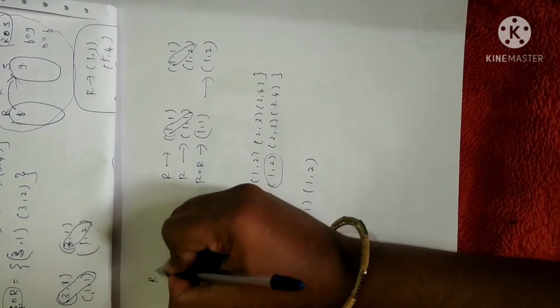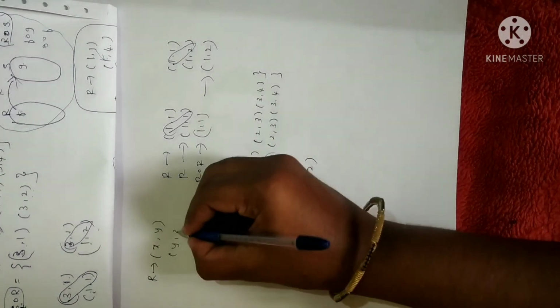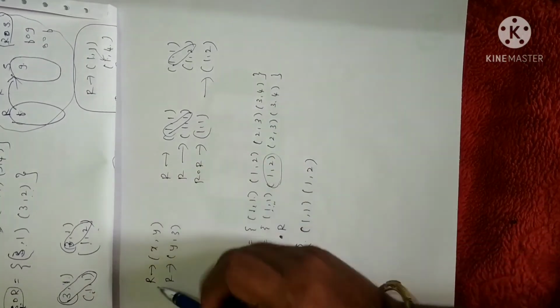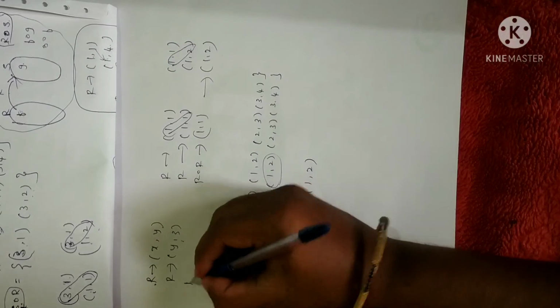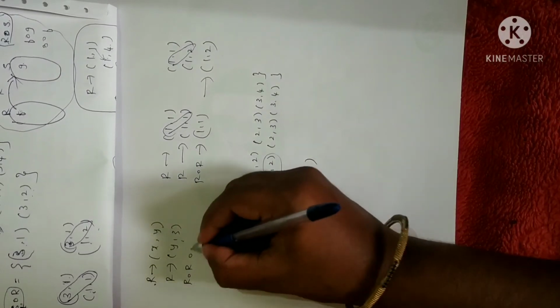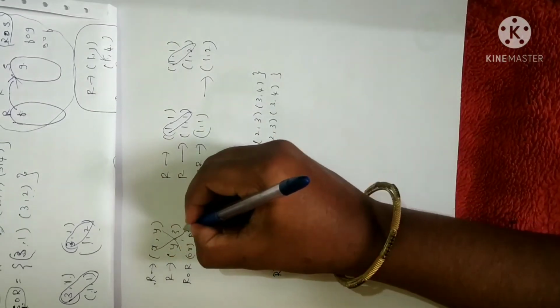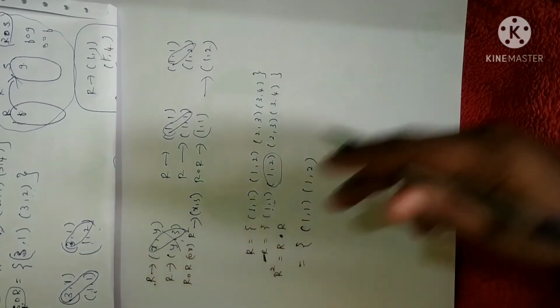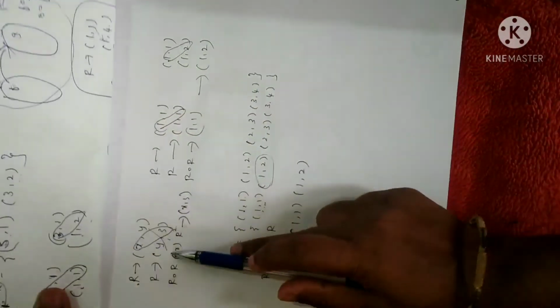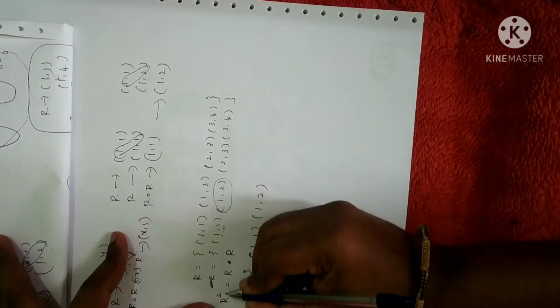The meaning is that, suppose R has elements xy and yz, then R composition R, or R square, should contain the element xz. Make a note of this, it is an important concept. I'll give you one more example in order to convince you. See here, I am writing the R square value.